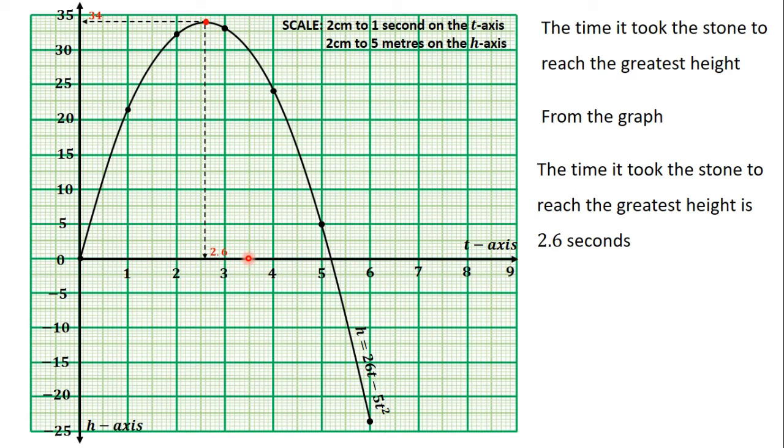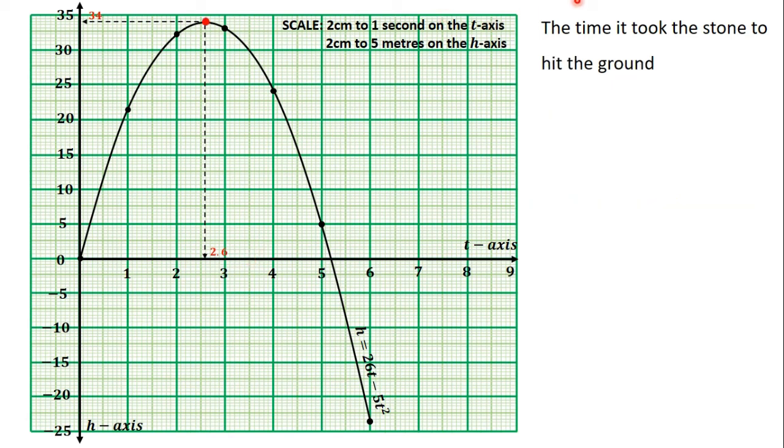Let's look at the last part of the question, which says that we should find the time it took the stone to hit the ground. So as we have seen, the stone started from the origin, then it traveled through the air and reached this greatest height. After reaching the greatest height, the stone will start dropping back to the ground. So from this point, the stone will now start dropping back to the ground.